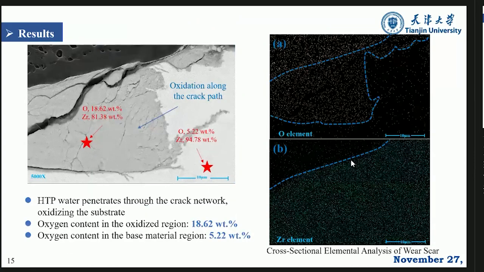We also follow what happened. We test the elements around the cracks, and compared with the substrate, the cracked part has an obvious oxygen increase. That means we should pay attention to this area. It's very dangerous.